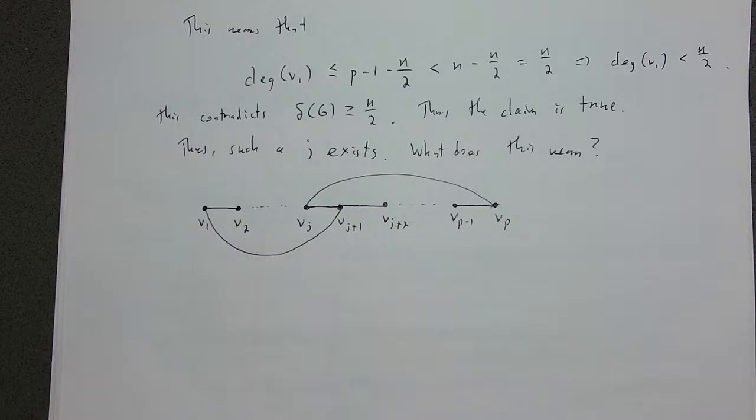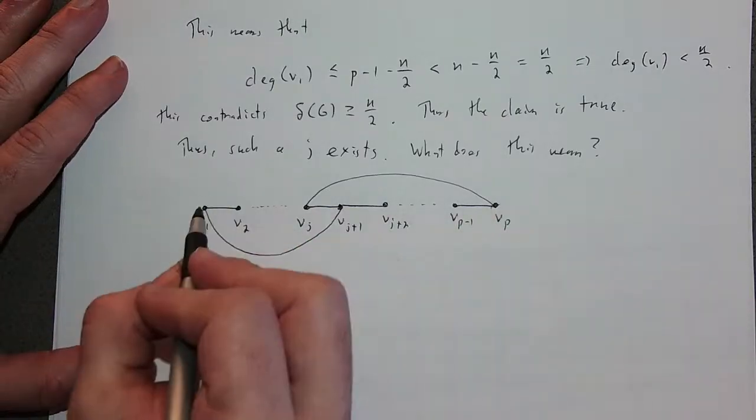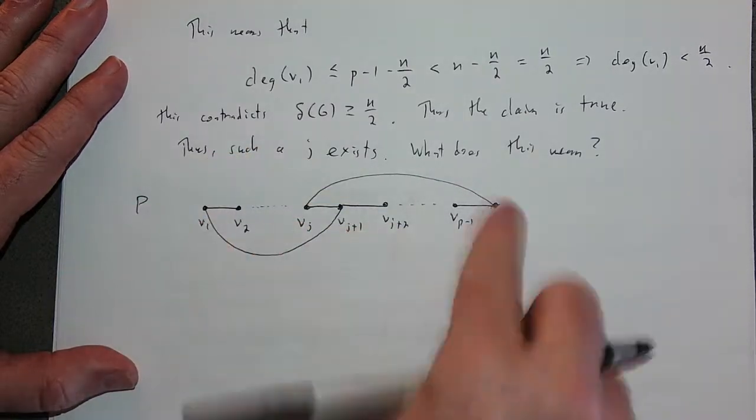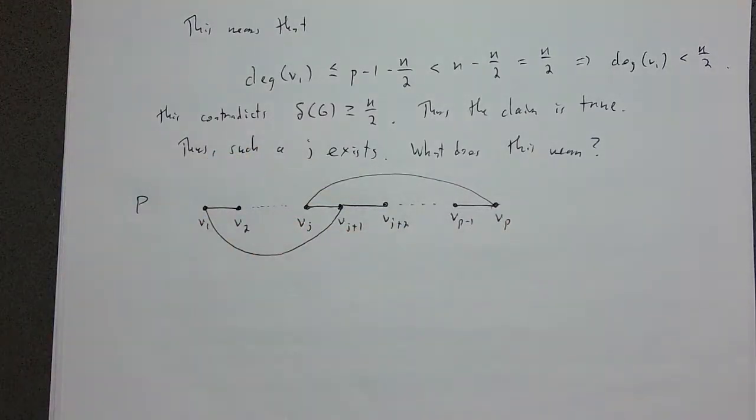So this is what the picture looks like. My path P is just this path indicated here, but there are these extra adjacencies that I haven't taken, connecting in this way.